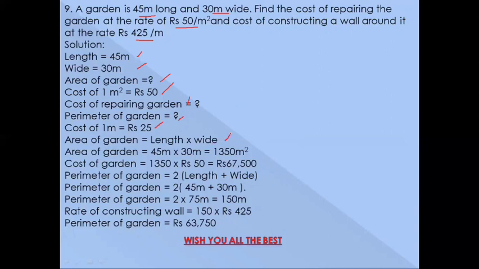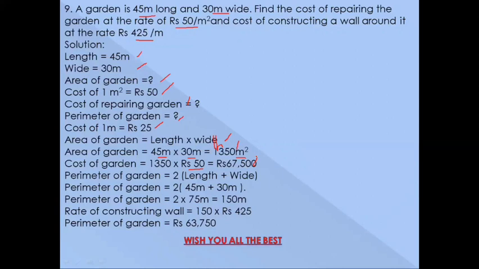Area of the rectangular garden is length multiplied by width. This is the width. Here we will write the values 30 and 45. After multiplication, this will be the answer, and write the value per square meter that is 50, and here we got 67,500. Dear student, this is the cost of repairing the garden.